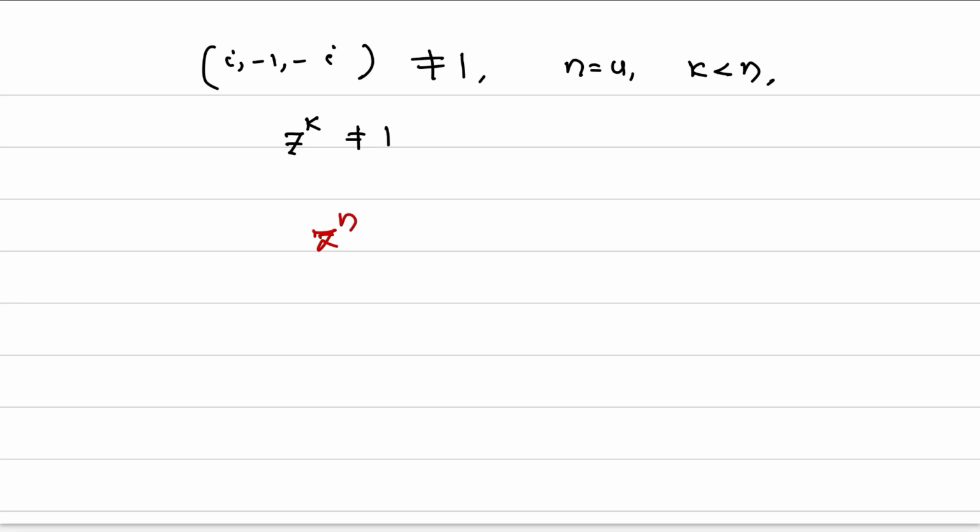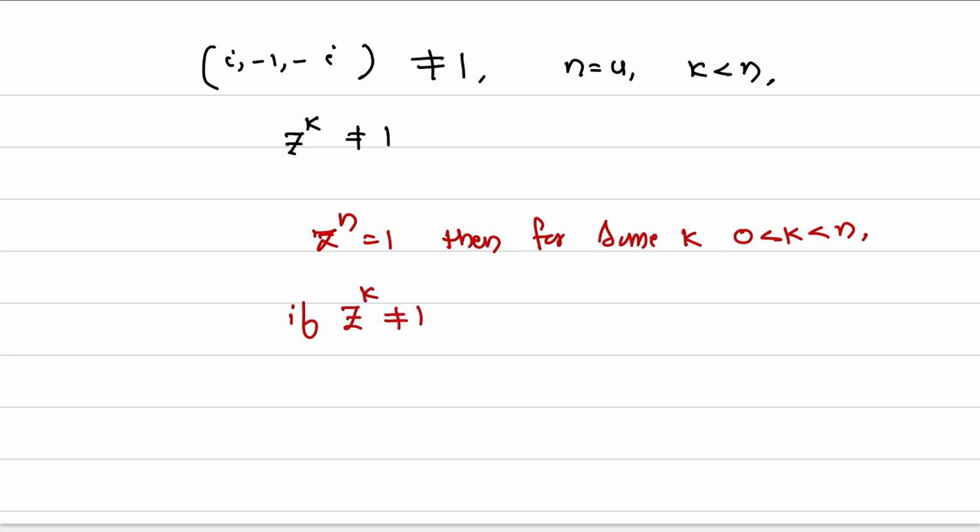When z to the power of n is equal to 1, then for some k, 0 less than k less than n, if z to the power of k is not equal to 1, then that particular root is primitive.